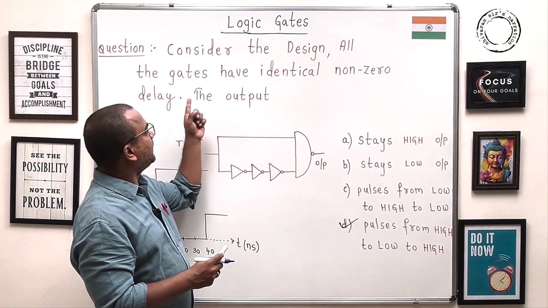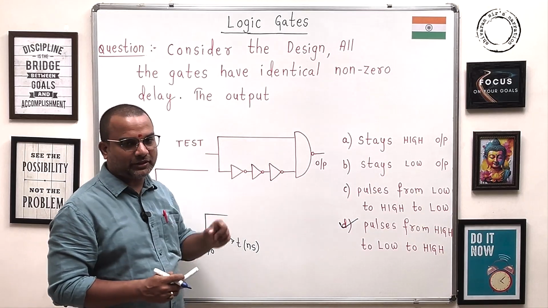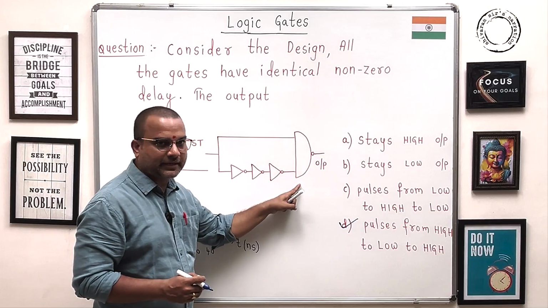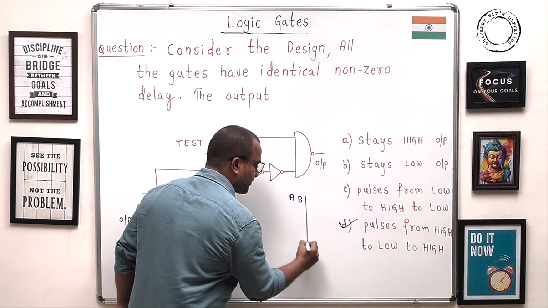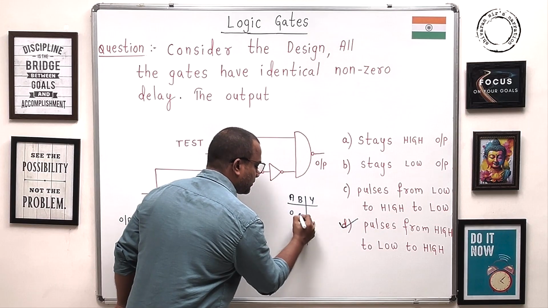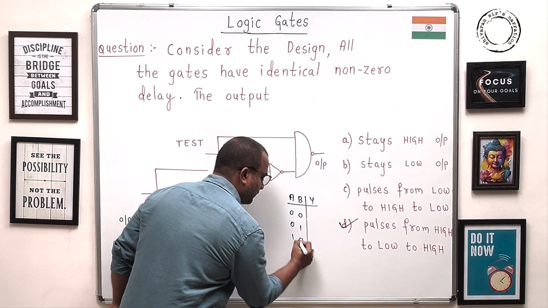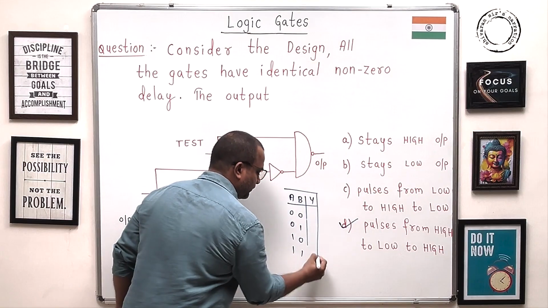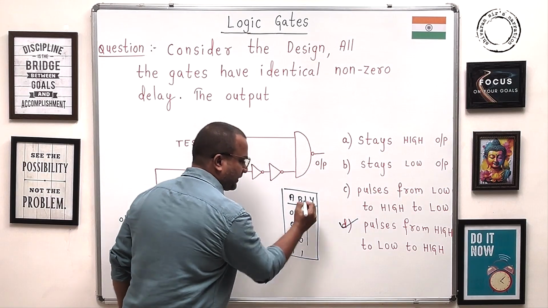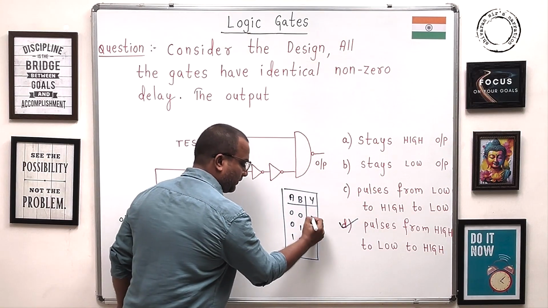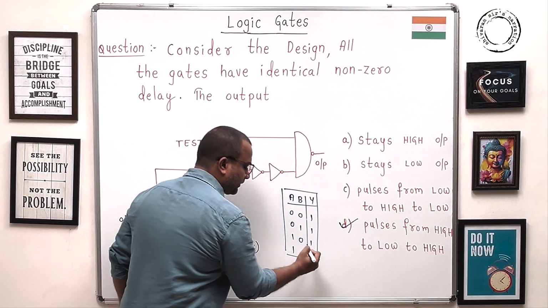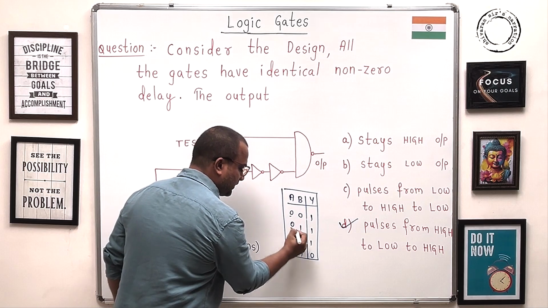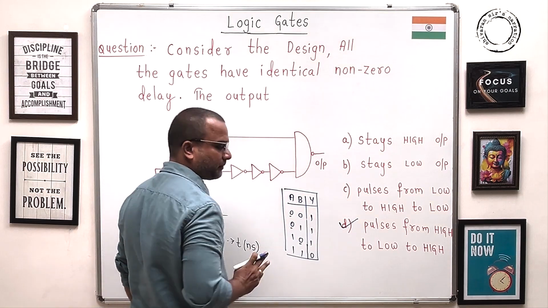Yes, so they said some non-zero propagation delay. This is a NAND gate. For a NAND gate, if you take the inputs like 00, 01, 10, 11, and see the truth table Y equals AB whole bar, we will get 1110. That means whenever one of the inputs is logic 0, output is logic 1.